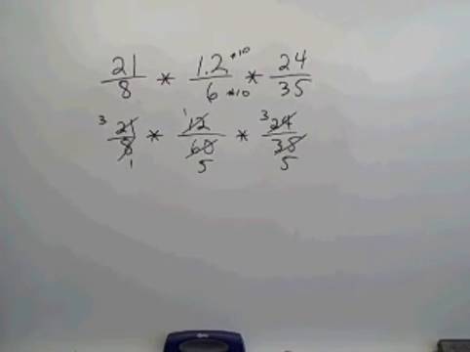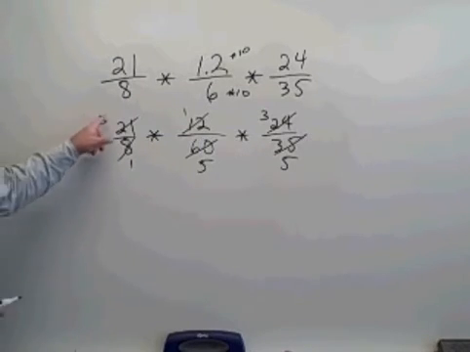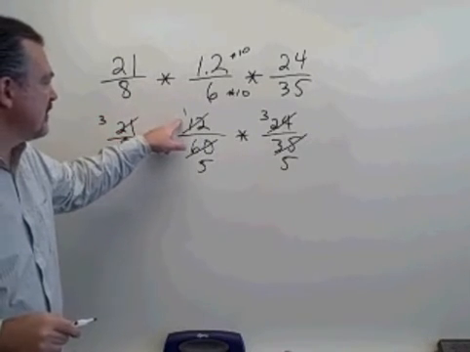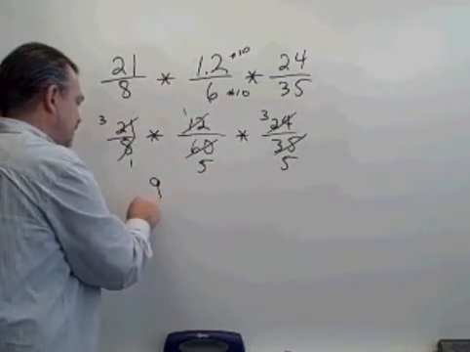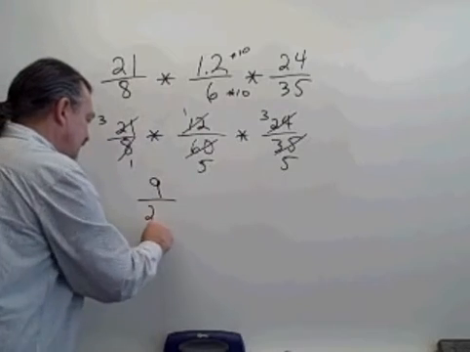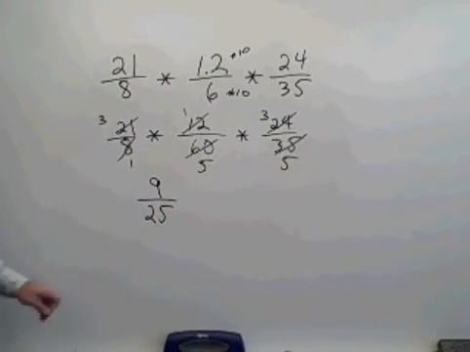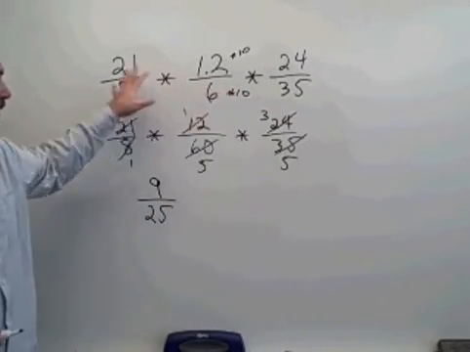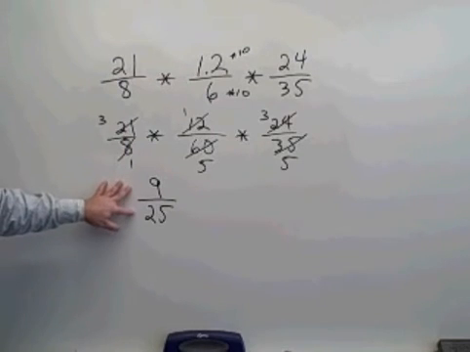And I think I've done all the reducing that I can do, so I'll multiply what's left. 3 times 1 is 3, 3 times 3 is 9. 1 times 5 is 5, 5 times 5 is 25. So the value, when I multiply those three quantities, is 9/25 as a fraction.